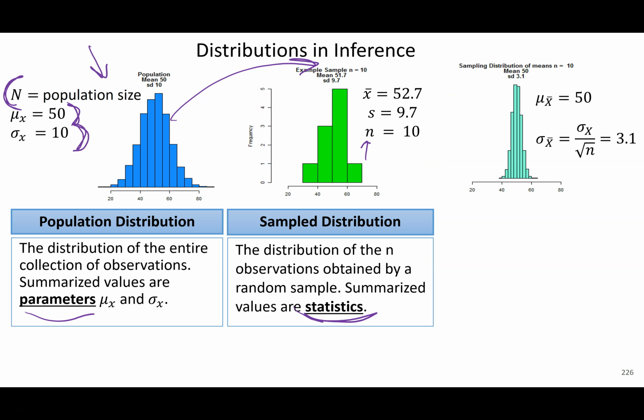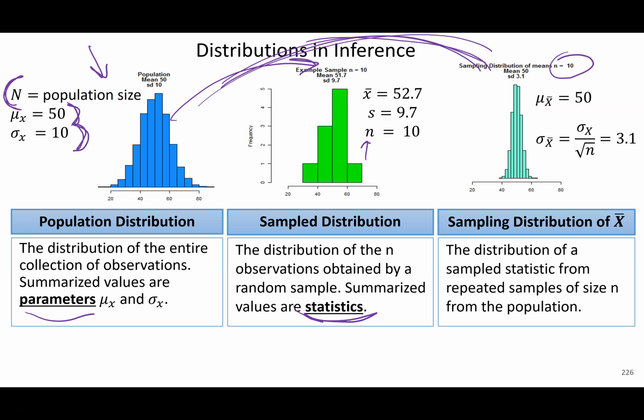Then, if I were to repeatedly take every sample of size 10 I possibly could from this population and take the sample mean from each one, I could put it into a distribution. It's going to be centered at 50, which is the average overall, and this spread is going to go way down.